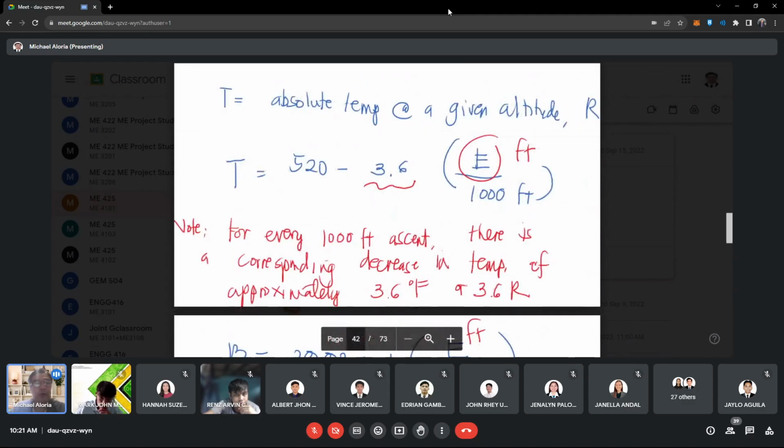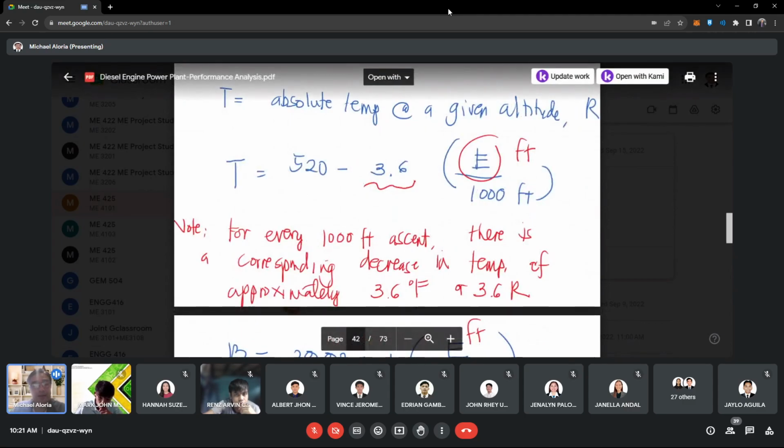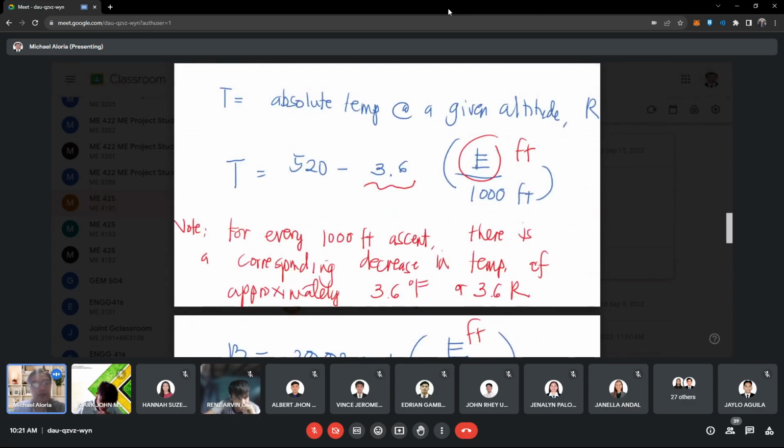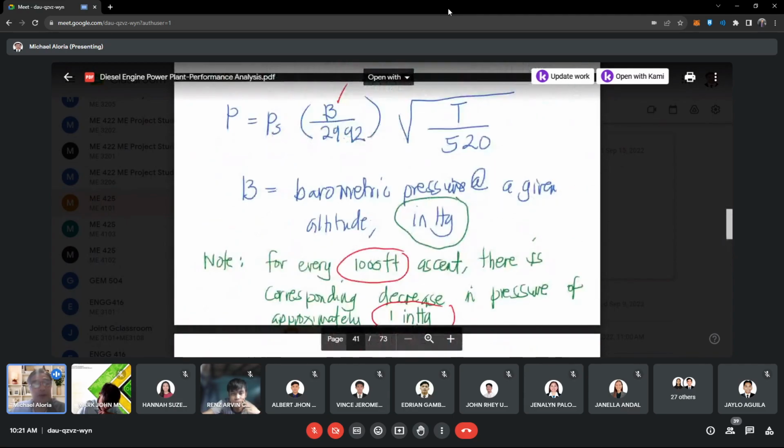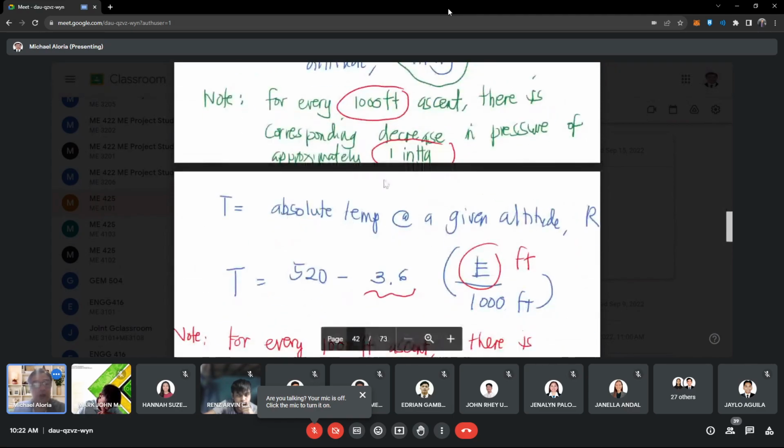For every 1,000 feet ascent, there is a corresponding decrease in temperature of approximately 3.6 degrees Fahrenheit or 3.6 Rankine. Kung ang barometric reference pressure natin in terms of inch of mercury is 29.92, ano yung equation natin?